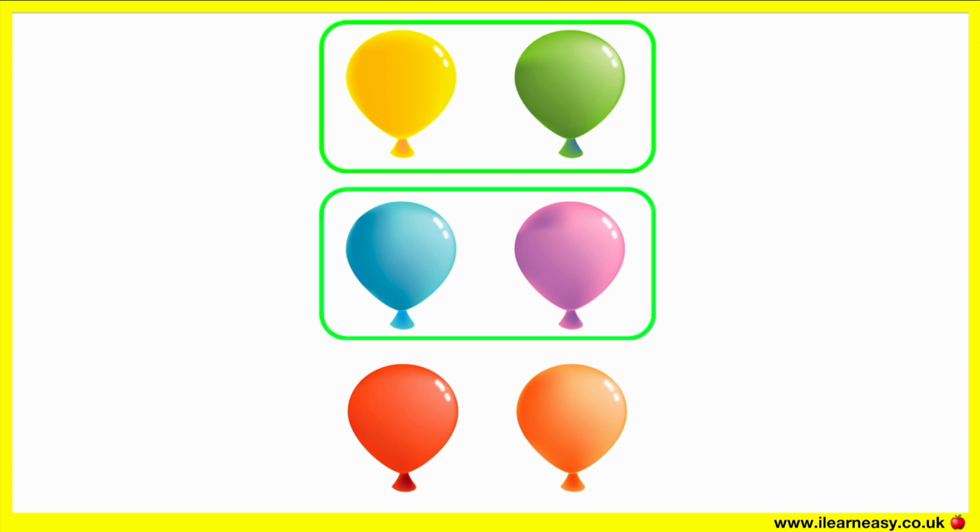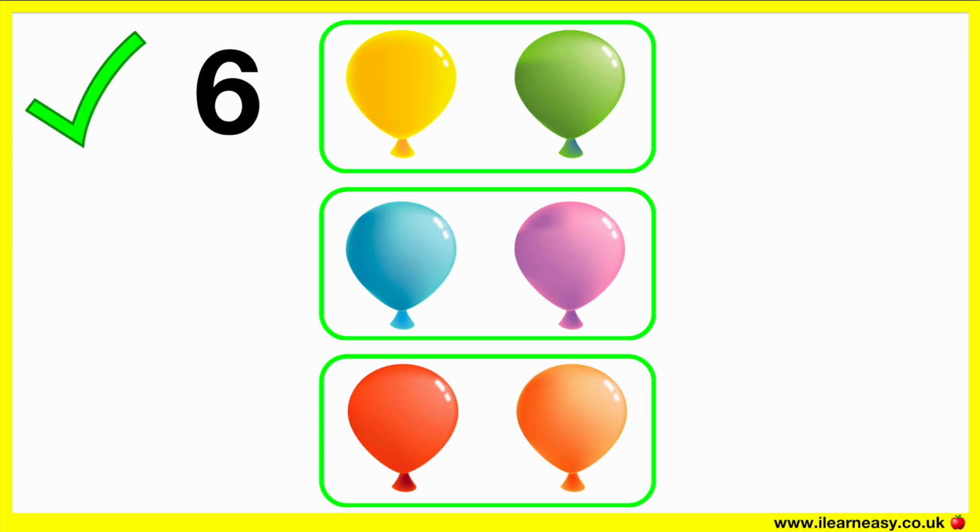Here are 6 balloons. Does each balloon have a pair? The answer is yes. Each balloon has a pair. Therefore, the number 6 is an even number.